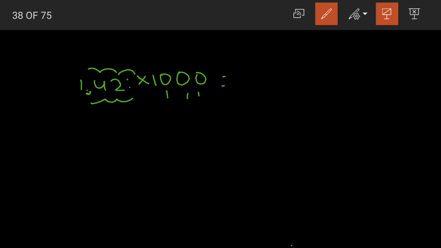Yes, in the number 1.42 there is no third decimal place. So what should we do? If we place a 0 here, we are having 3 decimal digits. So here now the decimal point moves 3 decimal places to the right and we'll get 1420 as our answer. Yes. Why are we adding 0 here?